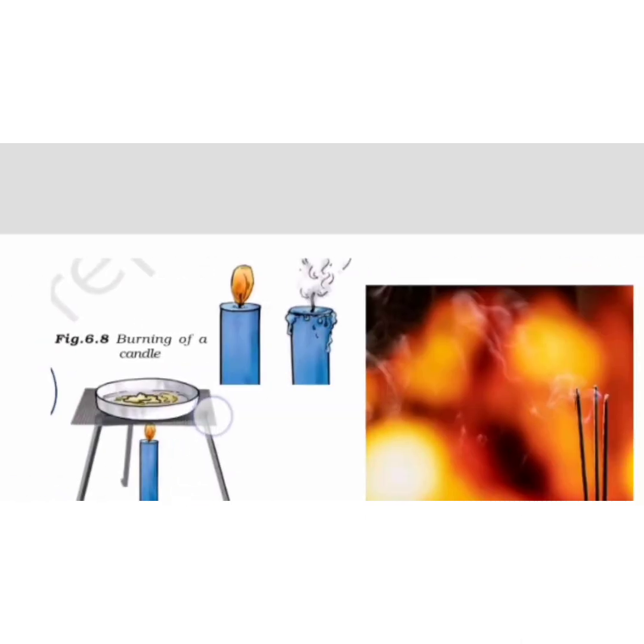In the candle activity also the change is reversed, right? When we light the candle, its size decreases, and when we heat the wax, we can make another candle. So this is also a reversible change.